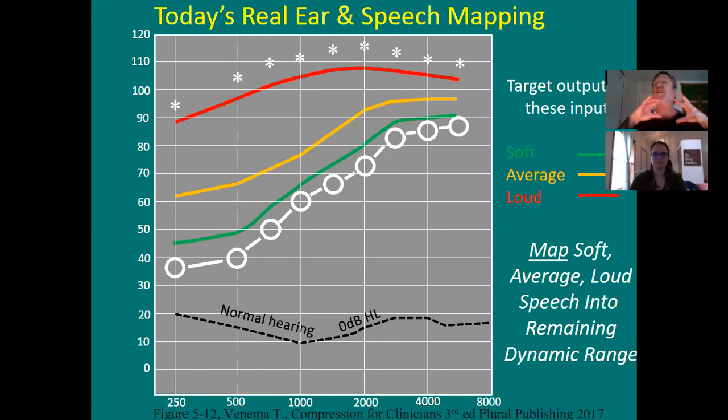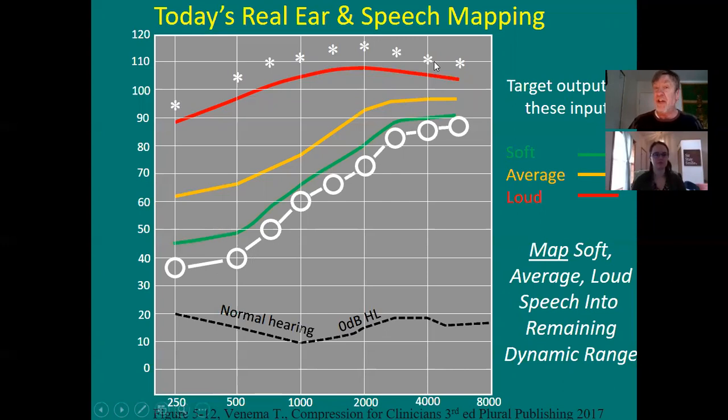So now everything is changed to SPL. And everything's going up instead of down. So normal hearing's on the bottom. Here's the guy's hearing loss plotted upward. Look at the asterisks. That's his uncomfortable loudness levels.